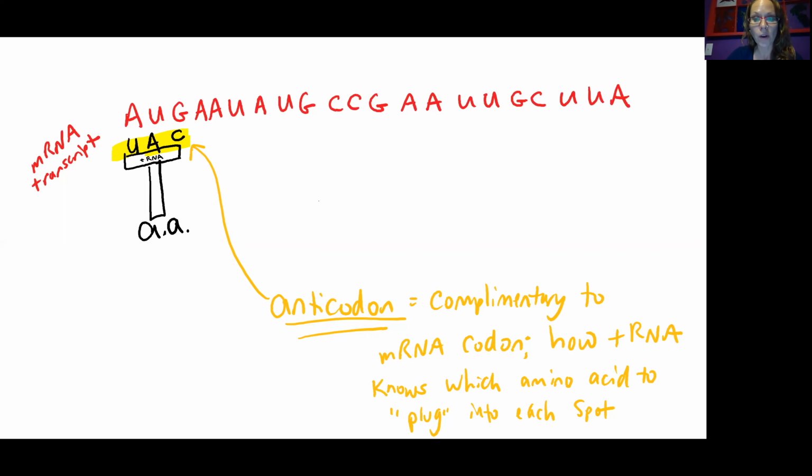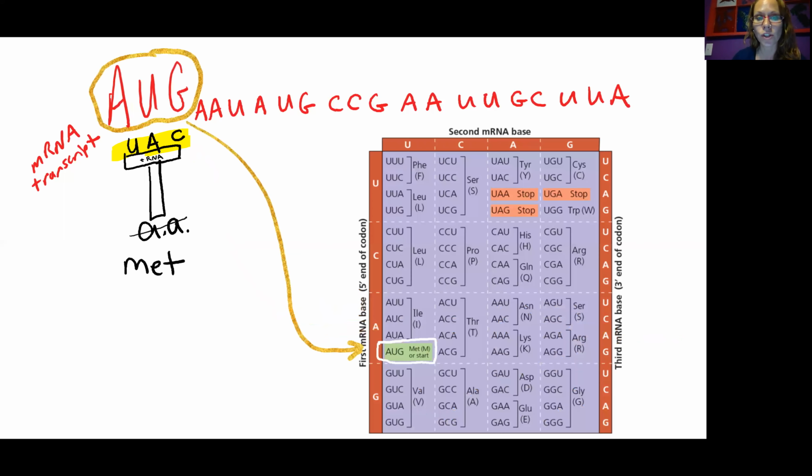Now, scientists have already figured this out, so we don't have to actually worry about those anticodons. Instead, we can use what's called a codon chart. Our codon chart here is already worked out, telling us, based on the mRNA codon, what amino acid the tRNA would bring into place. So you can see my first codon here is AUG.